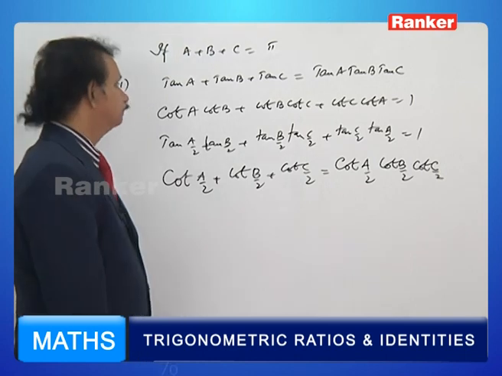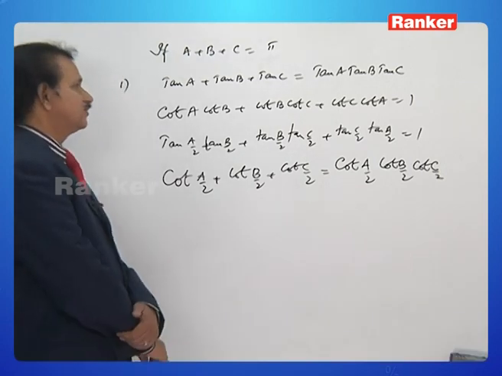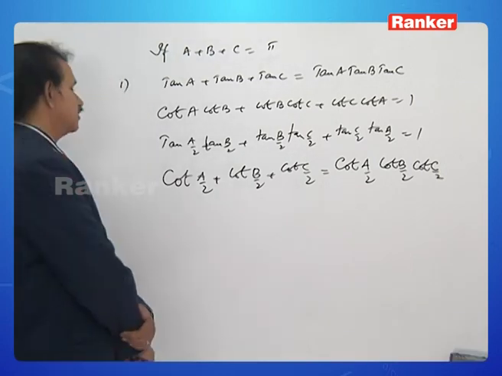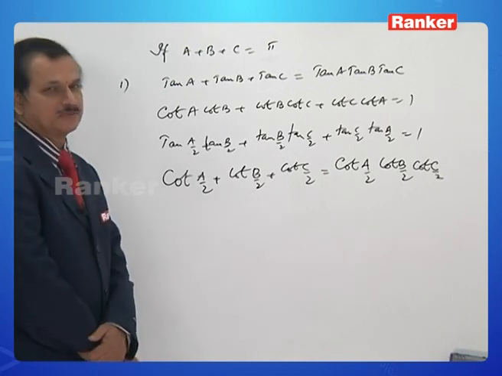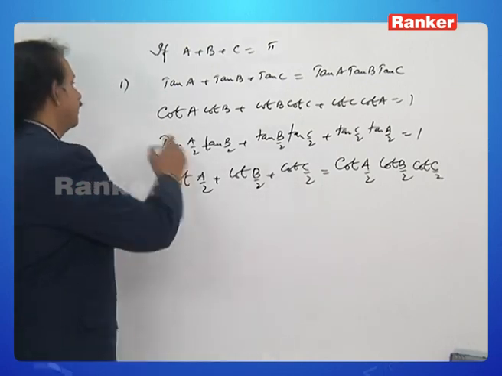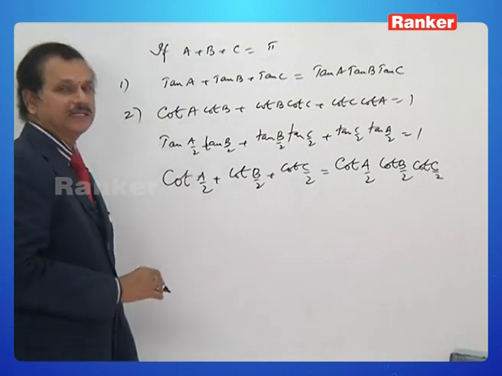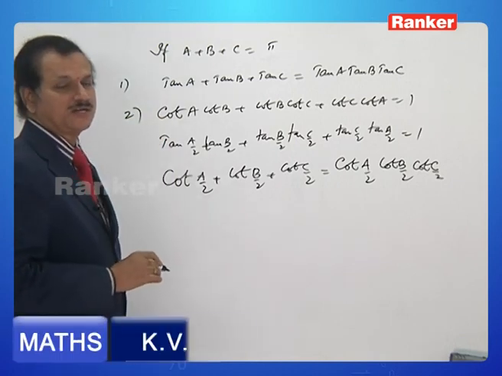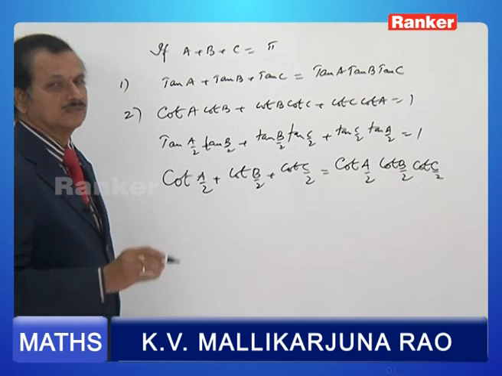This is like that. Tan A plus tan B plus tan C is equal to tan A tan B tan C. Cot A cot B plus cot B cot C plus cot C cot A is equal to 1. This is the second one. Those two are the identities with respect to A, B and C.